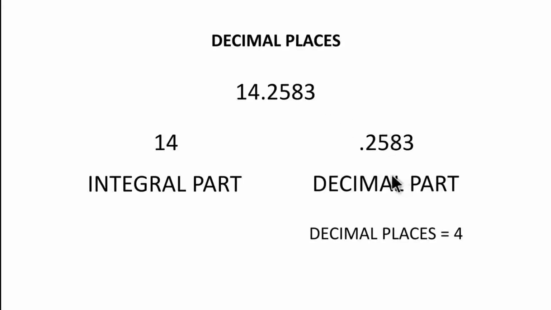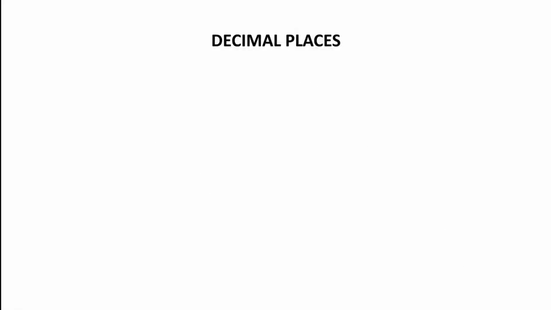Since after the decimal there are four digits, we say that the decimal place of this decimal number is 4. So 1 2 3 4, after the decimal there are four digits, so the decimal place is equal to 4. Let's try to understand this with another example as well.